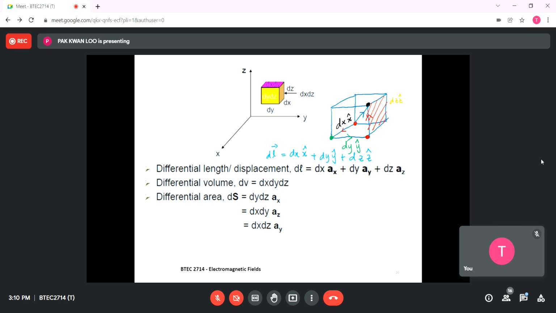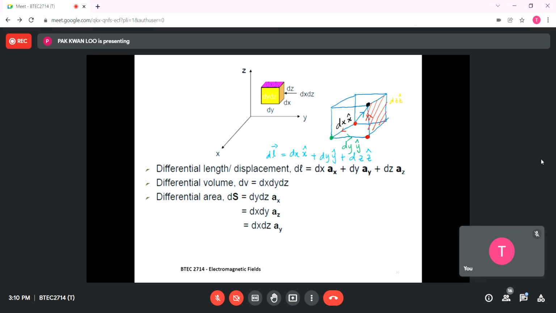So the area of the shaded red area, we can write it as dz multiply dx. And the area, normally we associate with the normal direction pointing out, pointing perpendicular to this area.